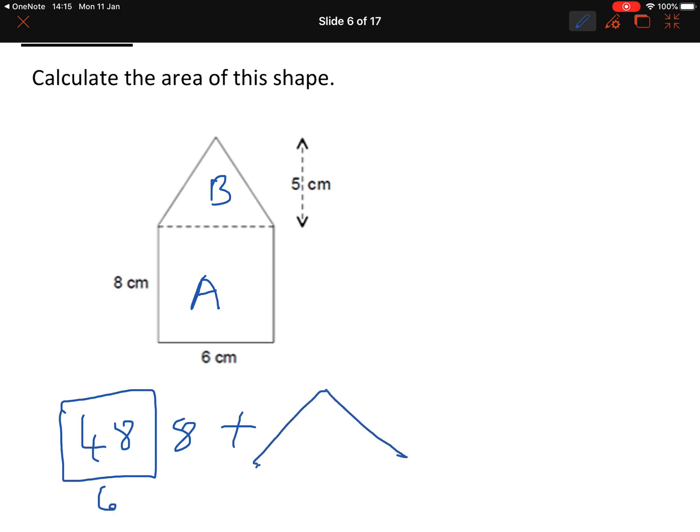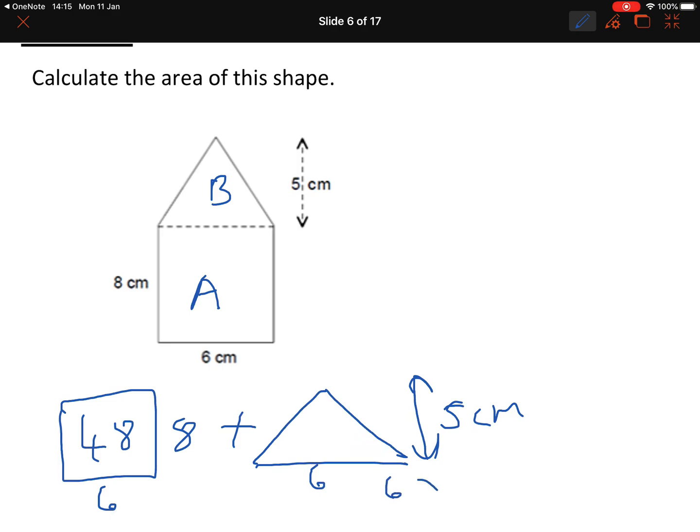Now let's add that to the area of the triangle. We already know from the diagram that the height is 5 centimeters, and the base would be opposite, 6 centimeters. Opposite sides are the same in a rectangle, so this side here is 6 centimeters.